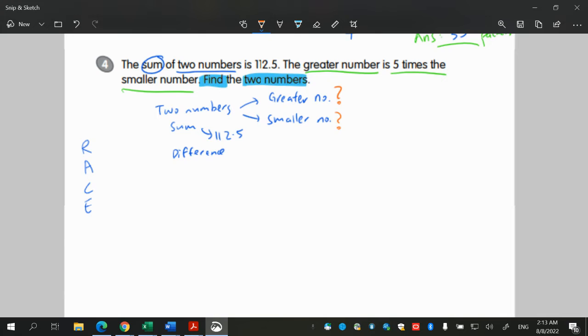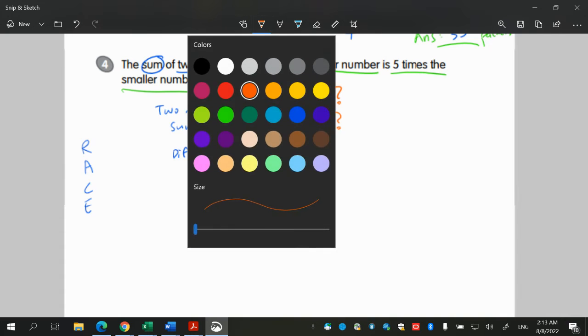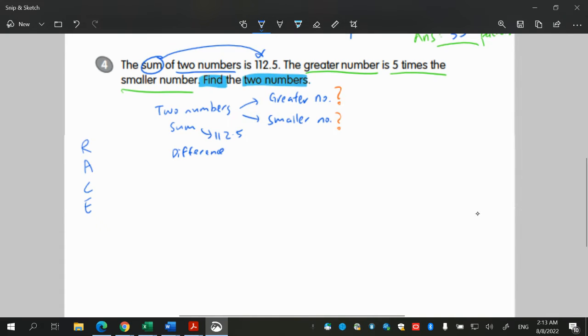What you have is only the first part, the sum, which means the two of them together, and the second part that tells you the relationship between the greater number and the smaller number. Now, I think I've done my reading.